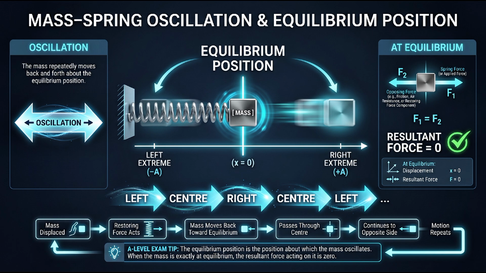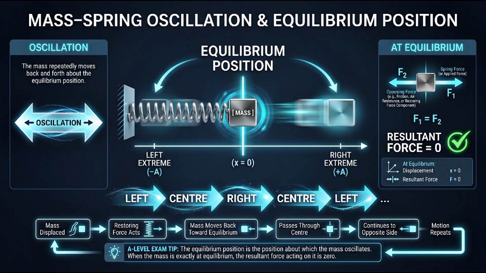This means that the acceleration of the mass is directly proportional to its displacement from equilibrium and is always directed towards equilibrium. The diagram shows the mass moving between positive A and negative A. These two positions represent the maximum limits of the oscillation. The distance between the two extreme positions is 2A.